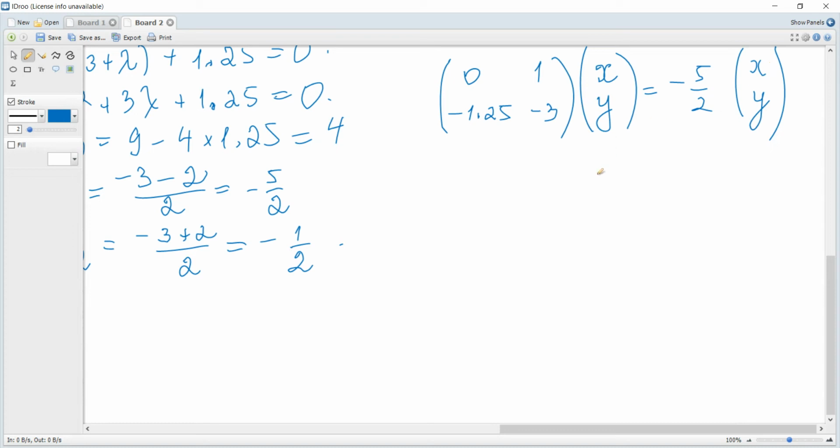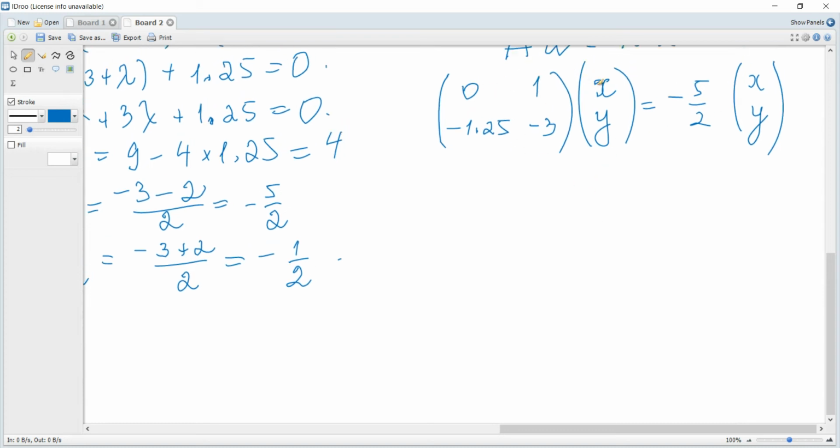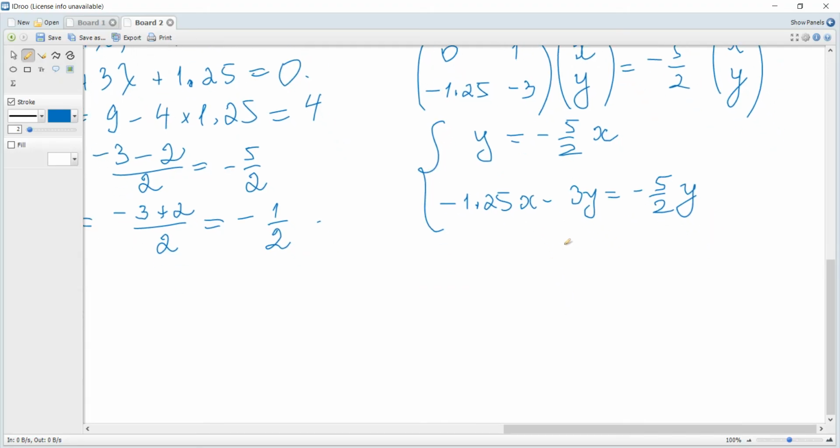So it becomes 0 times x plus y. So y is negative 5 over 2 x, and negative 1.25x minus 3y is negative 5 over 2 y.